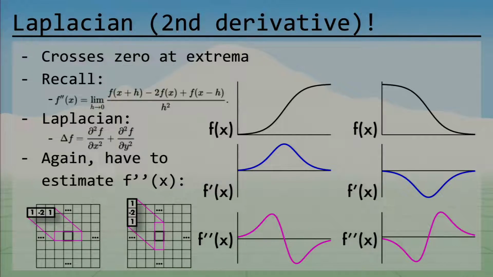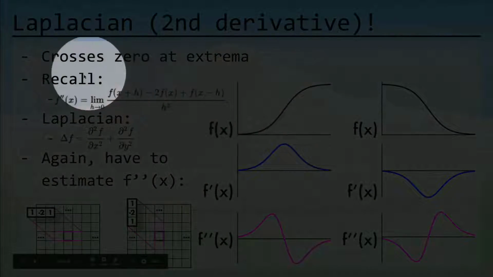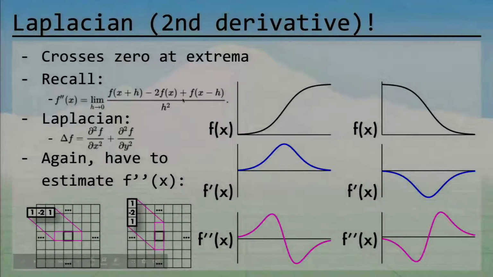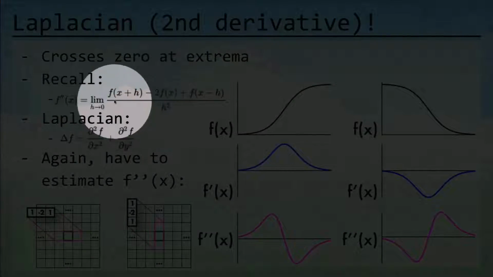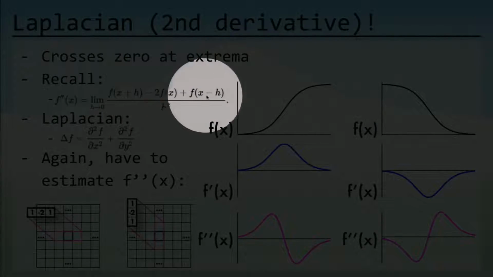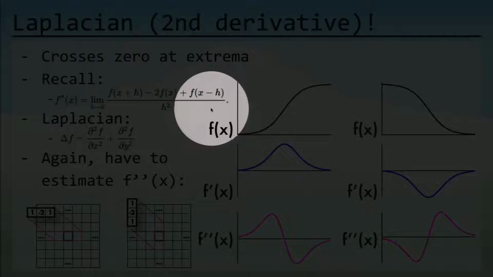We're going to do the same thing that we did before, where we have our definition of the second derivative. In particular, it has 3 components: the function a little bit ahead of where you are right now, the function where you are right now, and the function a little bit behind where you are right now.